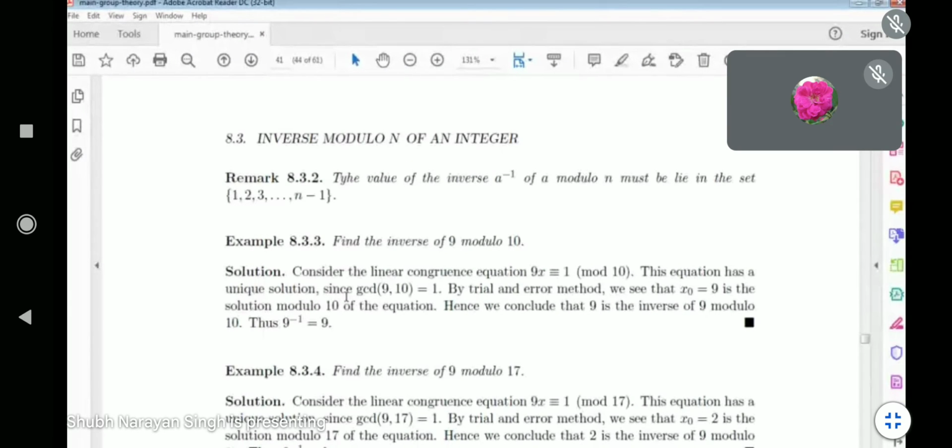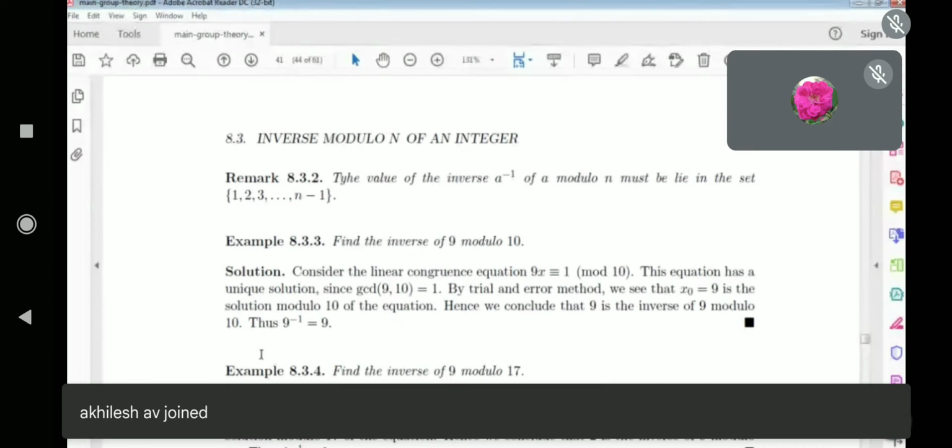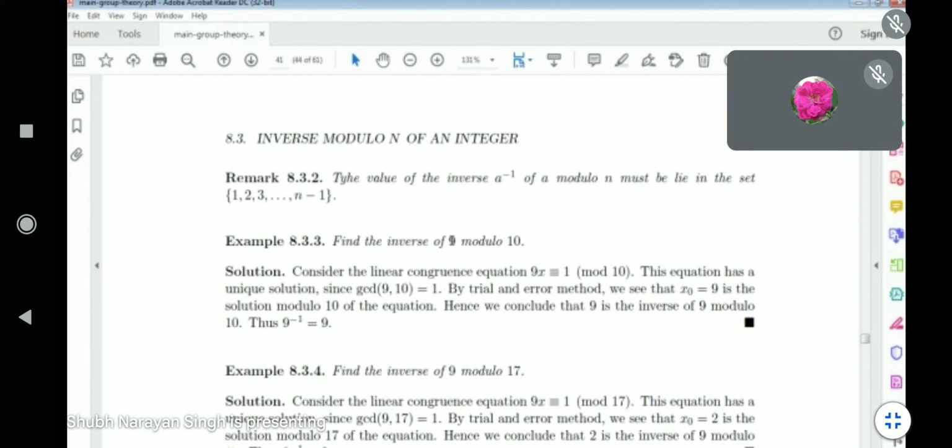For example, come to this example 8.3.3. Here I ask, what is the inverse of 9 modulo 10? That means, what is the solution of the equation 9x congruent to 1 modulo 10? So in fact, we are looking for the solution of the congruence equation 9x congruent to 1 modulo 10.